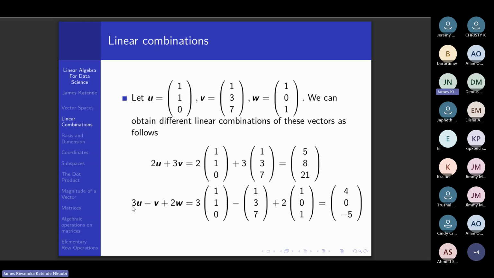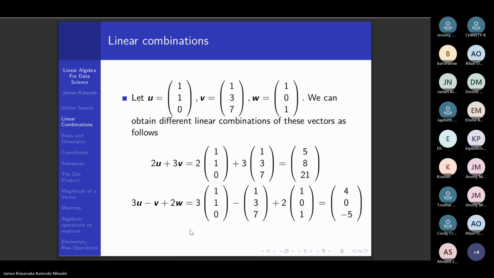Here we have u, v, and w, a linear combination of the three vectors. So 3u minus v plus 2w gives us (4, 0, -5). So it's important that you double check this in your own time.